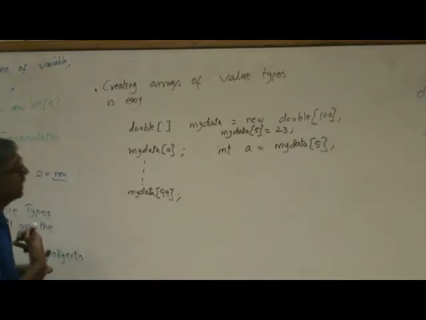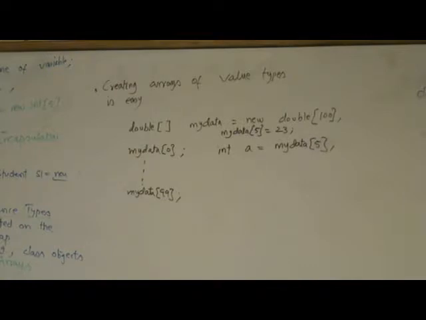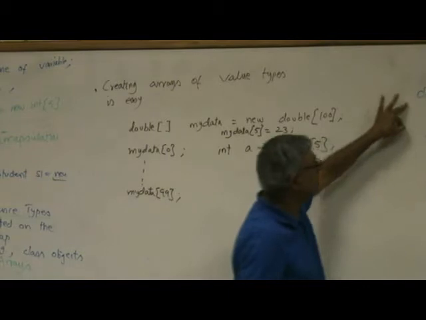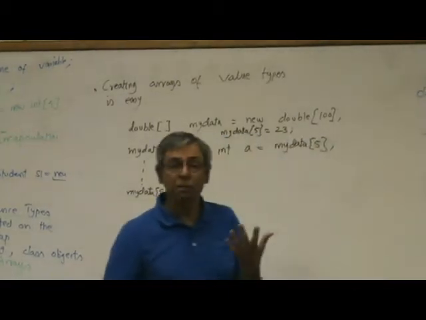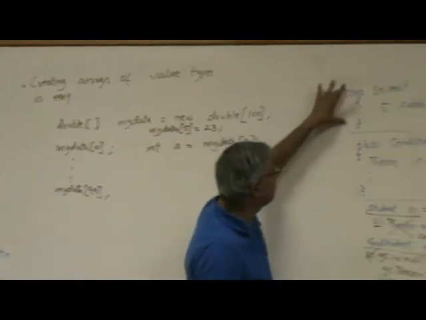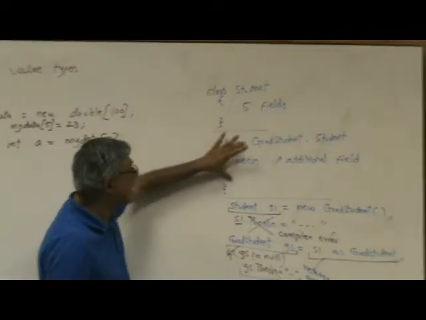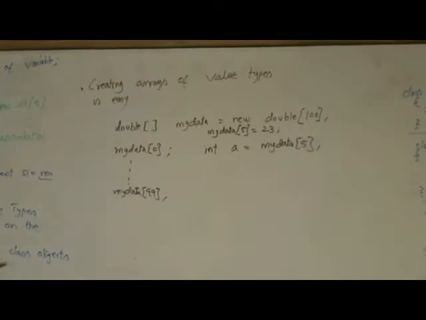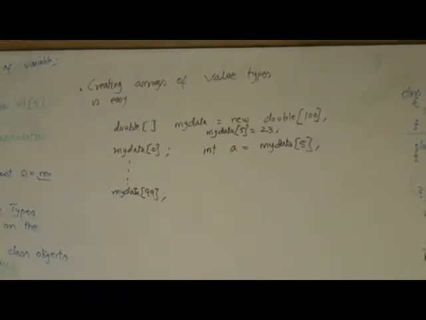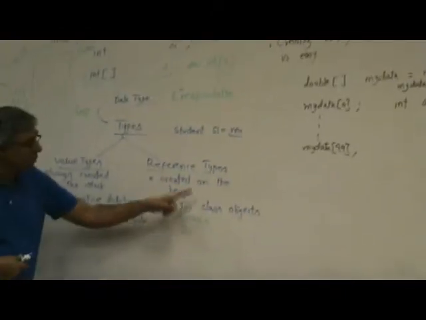But sometimes we need to create arrays of reference types. For example, let's say we are creating a university application and we have 5,000 students, 2,000 graduate students. Obviously we need to create an array of 5,000 students, an array of 2,000 graduate students, but a class is a reference type.